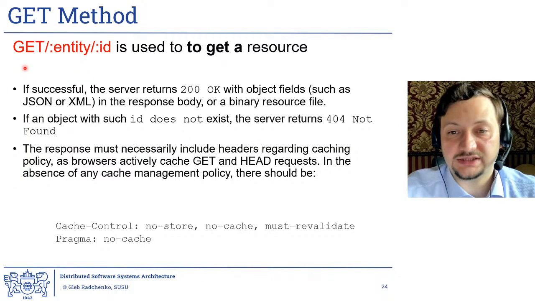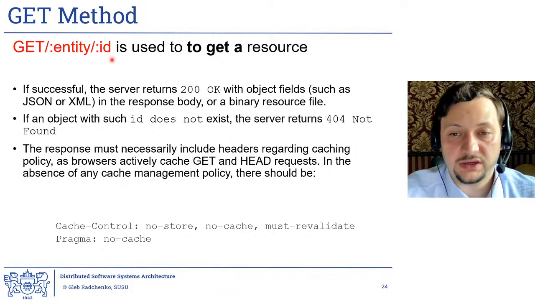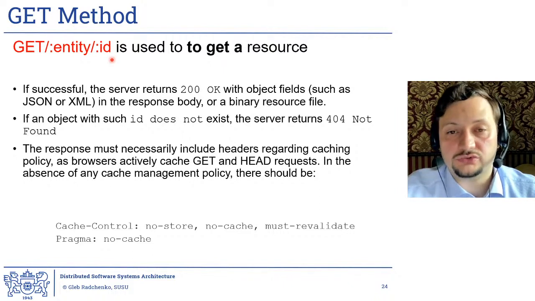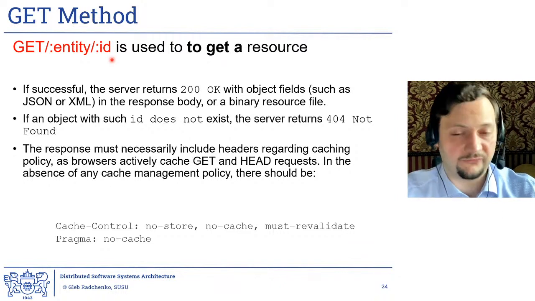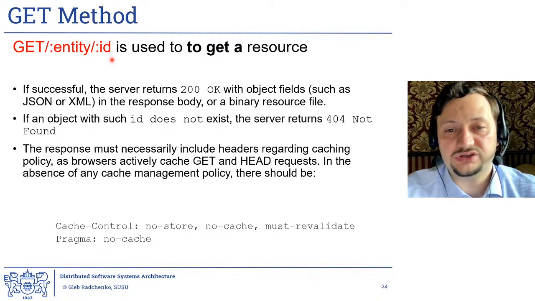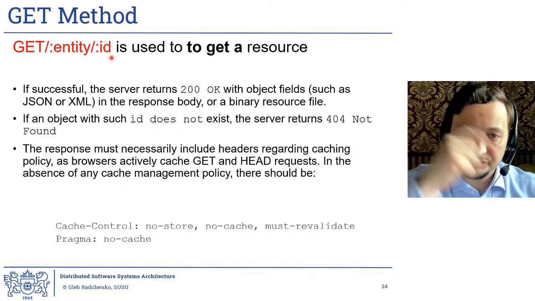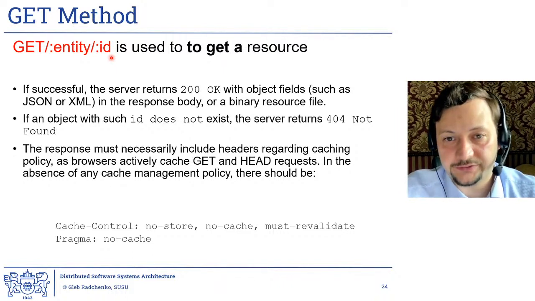First, get single entity. Get entity ID is used to get some resource. Resources can be stored in our database. They can be located in our file storages. Any way you store the resource, if you receive this request, the server should return the resource that was requested by the client.